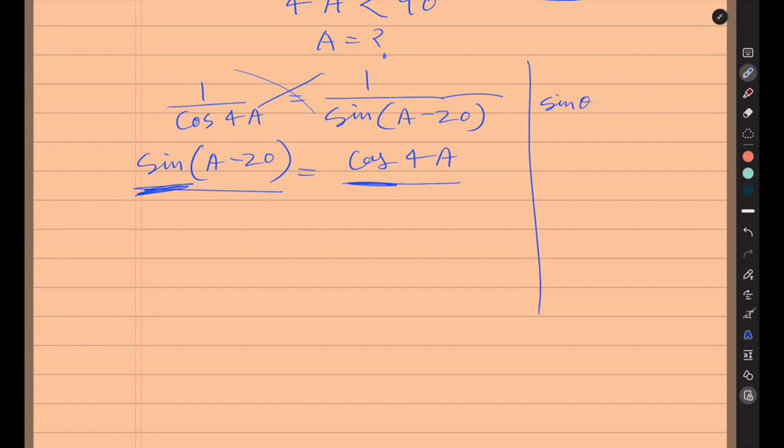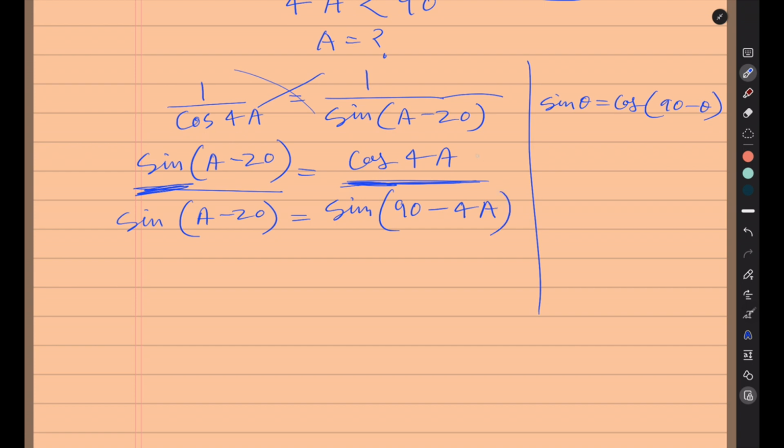We can use this formula, which we have proven before also. So sine A minus 20, we will not change, and this side, instead of writing cos 4A, we can write sine 90 minus 4A. Can we write it? Yes, we can write it. And now we can compare because both of the sides are sine.